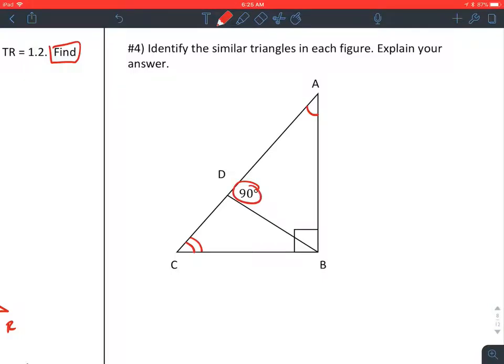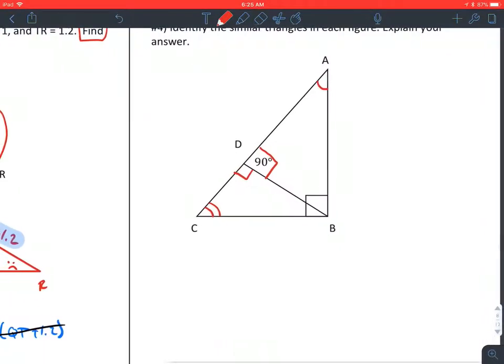If this angle is 90 degrees right here, that means this is also 90 degrees because they're a linear pair, which means they're supplementary. Since they're a linear pair and they're supplementary, they have to be 180. If one's 90, you have to add 90 to 90 to get 180. I'm going to replace that 90 with the box just so you can see all this jazz.